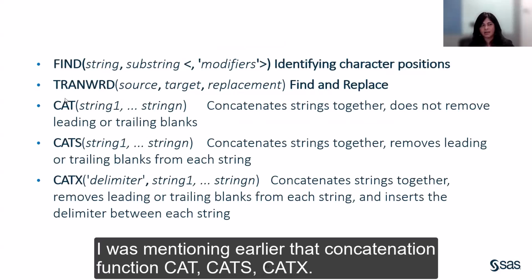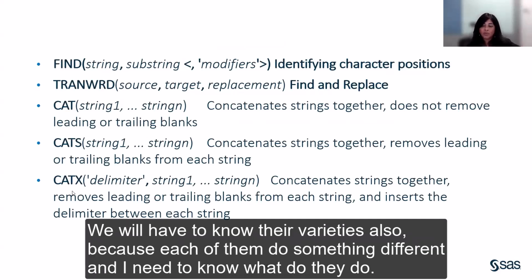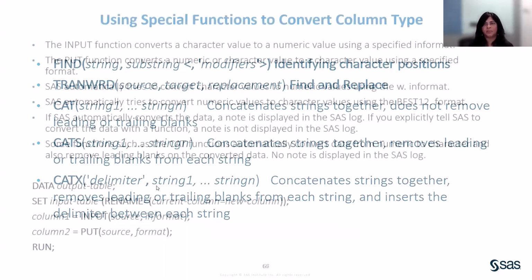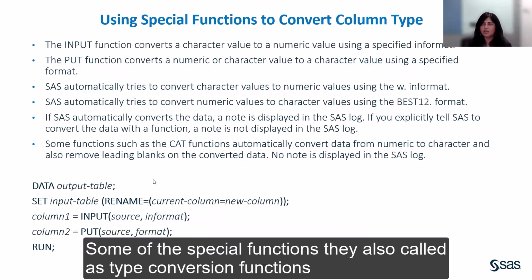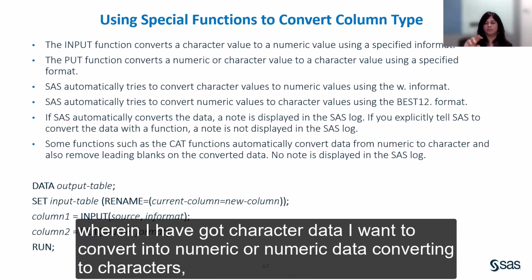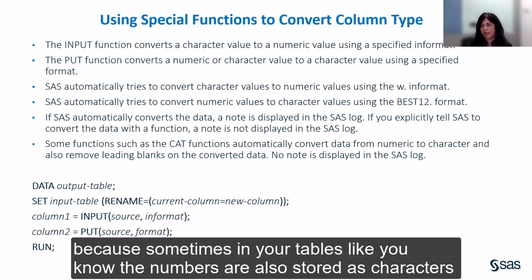I was mentioning earlier the concatenation functions, CAT, CATS, CATX. We will have to know their varieties also, because each of them does something different, and I need to know what they do. Some of the special functions are also called type conversion functions, wherein I have character data I want to convert into numeric, or numeric data to convert into characters, because sometimes in your tables the numbers are stored as characters.